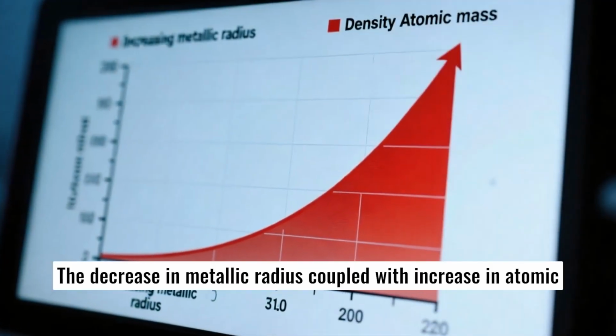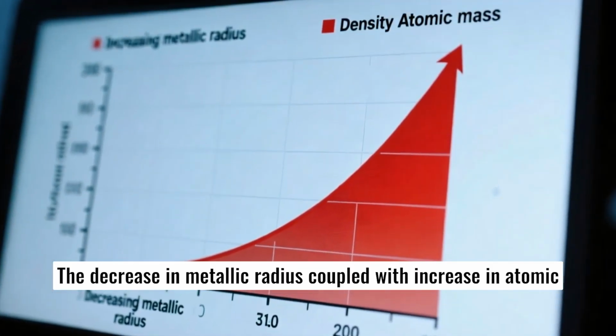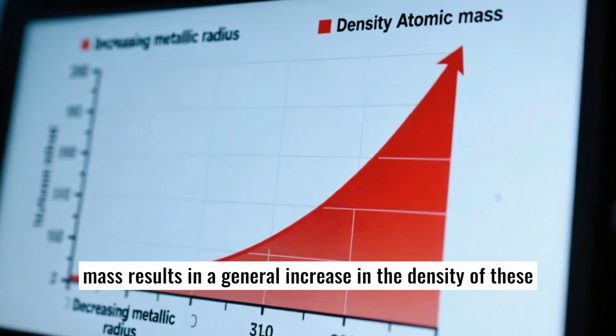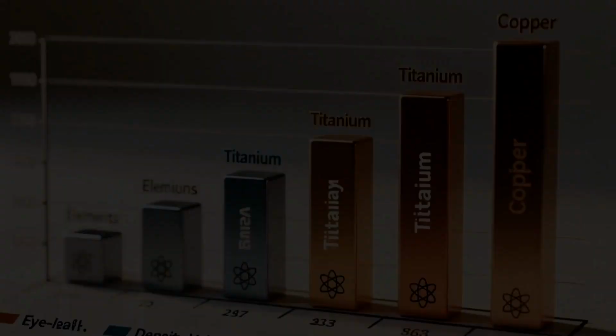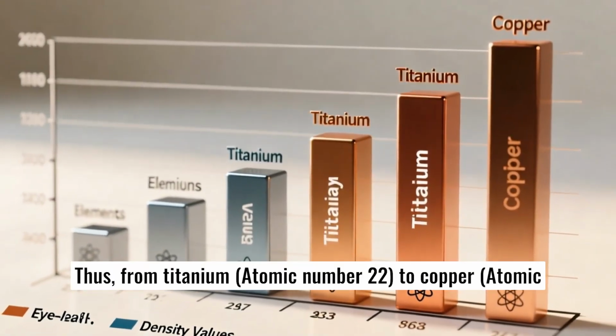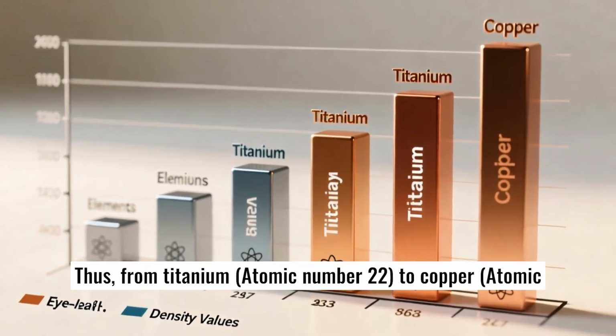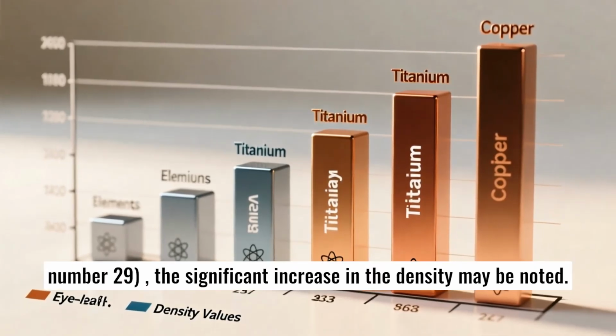The decrease in metallic radius, coupled with increase in atomic mass, results in a general increase in the density of these elements. Thus, from titanium, atomic number 22, to copper, atomic number 29, the significant increase in the density may be noted.